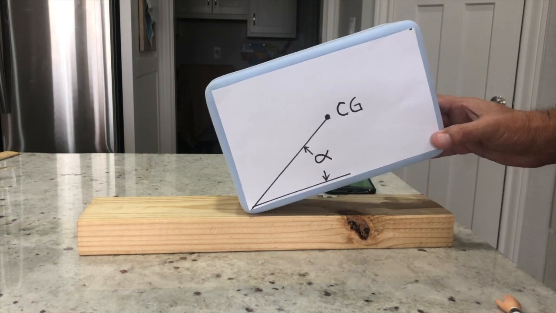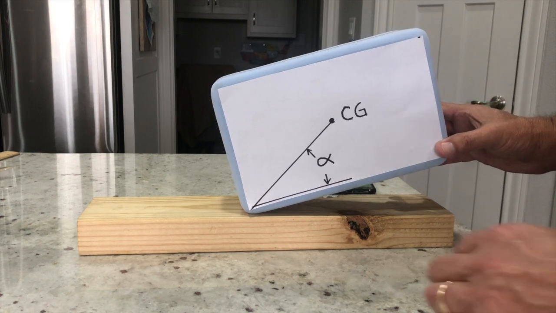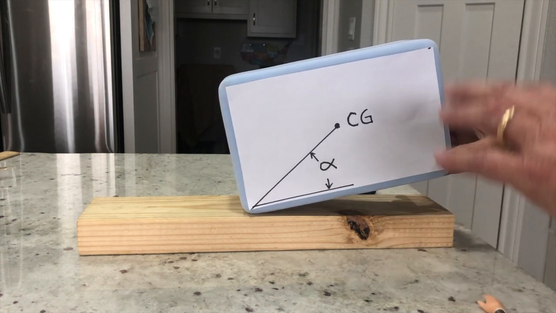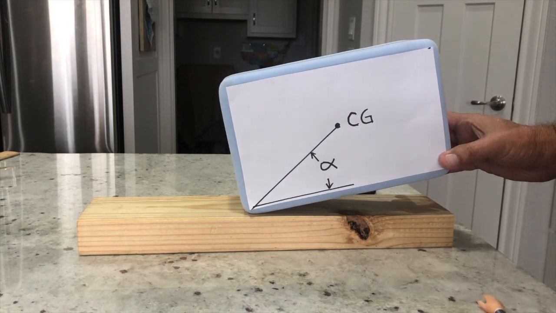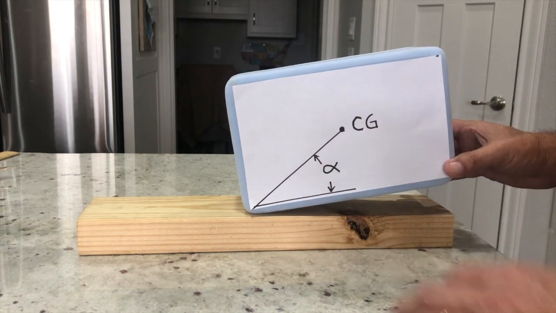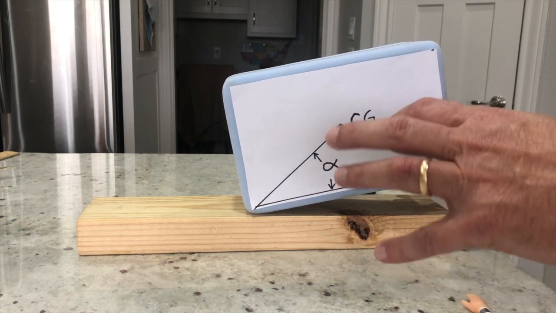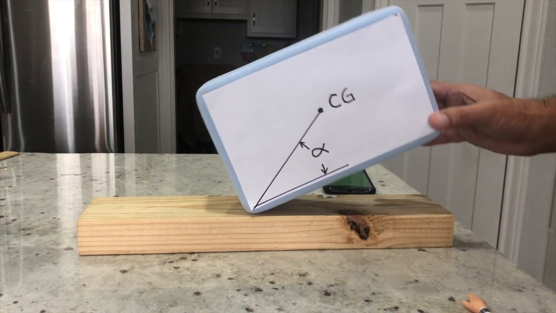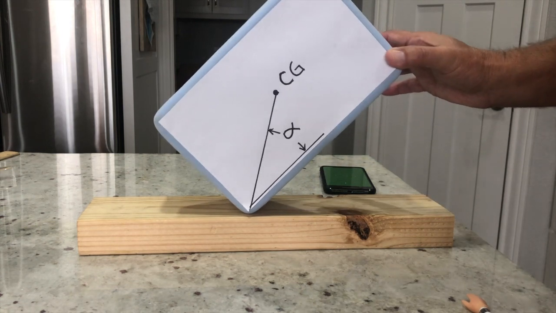What happens though, when you get to the tipping point, the corner of the block goes up, and there's no place for the normal force to be exerted. The normal force is suddenly gone. So when that's gone, there's no opposition forces. The sum of forces, or the sum of moments, is no longer zero, and so the object starts to tip over.